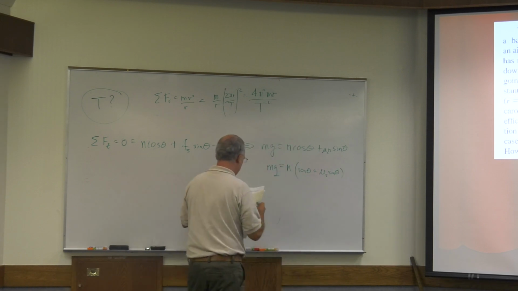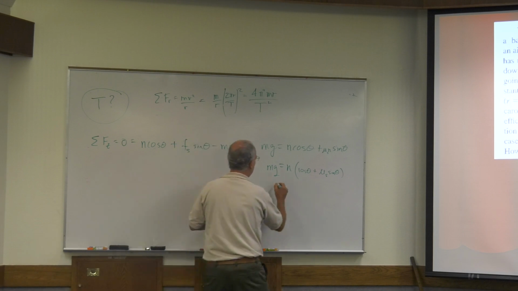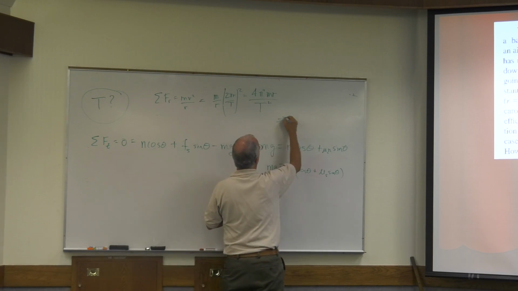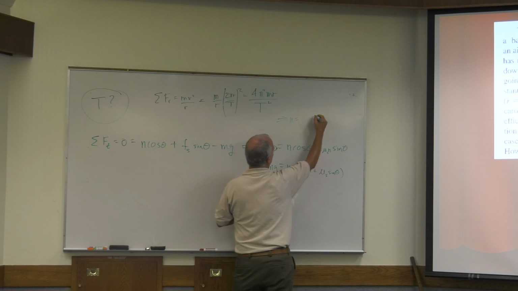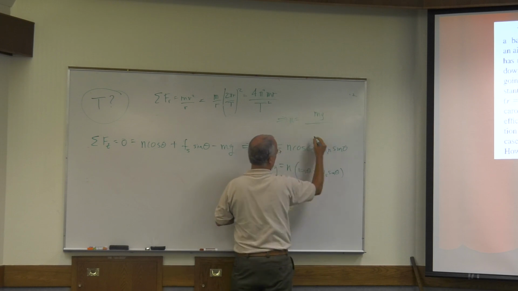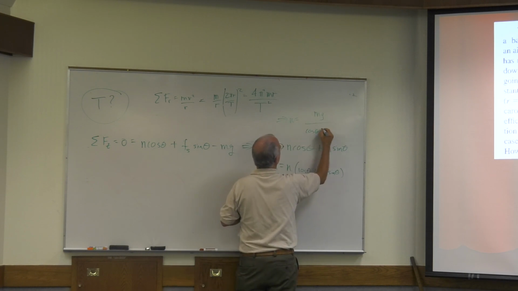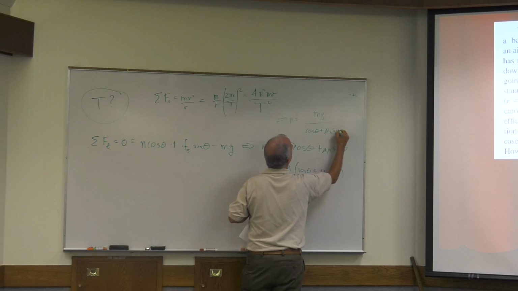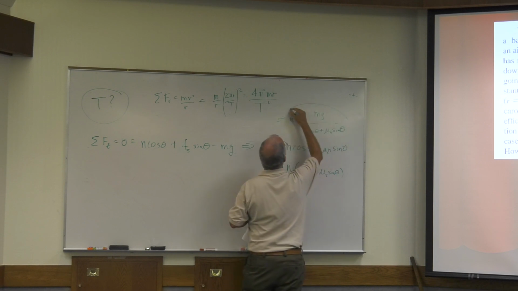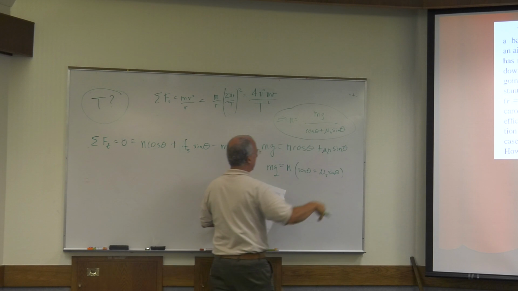And therefore, n equals mg over cos theta plus mu s sine theta. We're going to need it, so there it is.